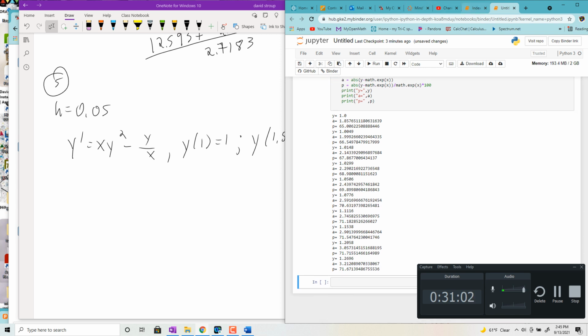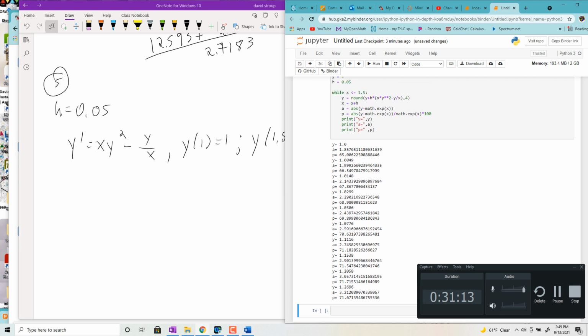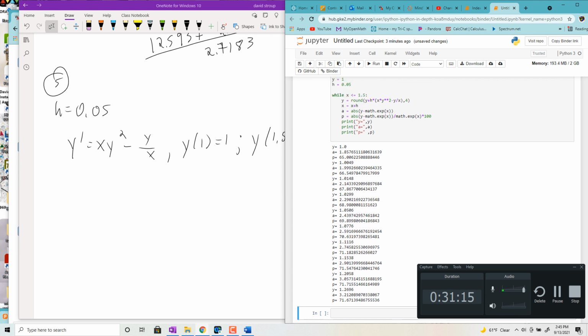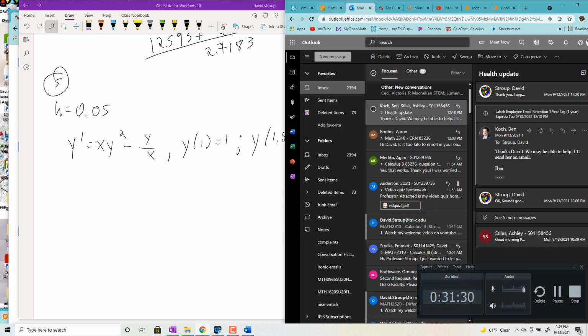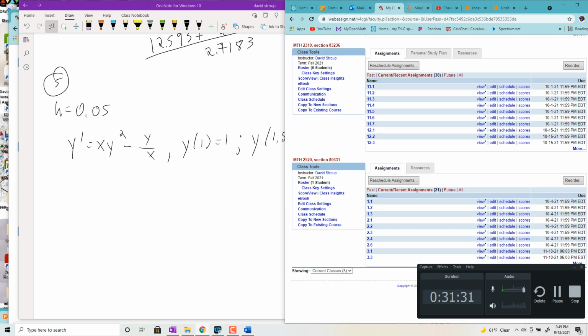Okay, so how far do I need to go? There's the first one, this is 1.05. Oh geez, I need to go all the way to 1.5. So I'm thinking it's 1.2696. Where is it? Can't find my homework.